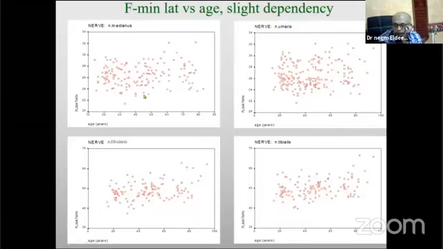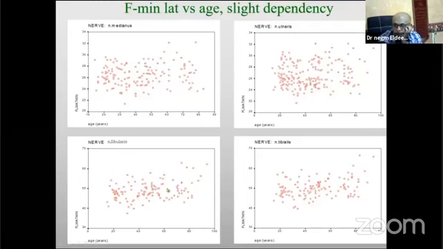Minimum latency for the different nerves here, this is median, ulnar, fibular, and tibial nerve, are not very much dependent on age. It is like a nerve conduction study when we talk about older people.